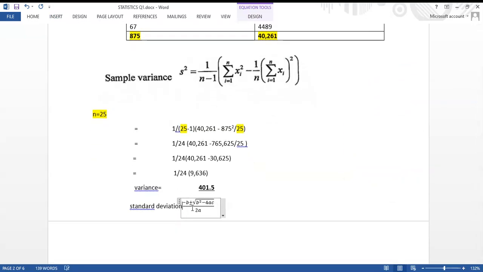Don't worry, that formula is for quadratic equations. What's the square root of 401.5?